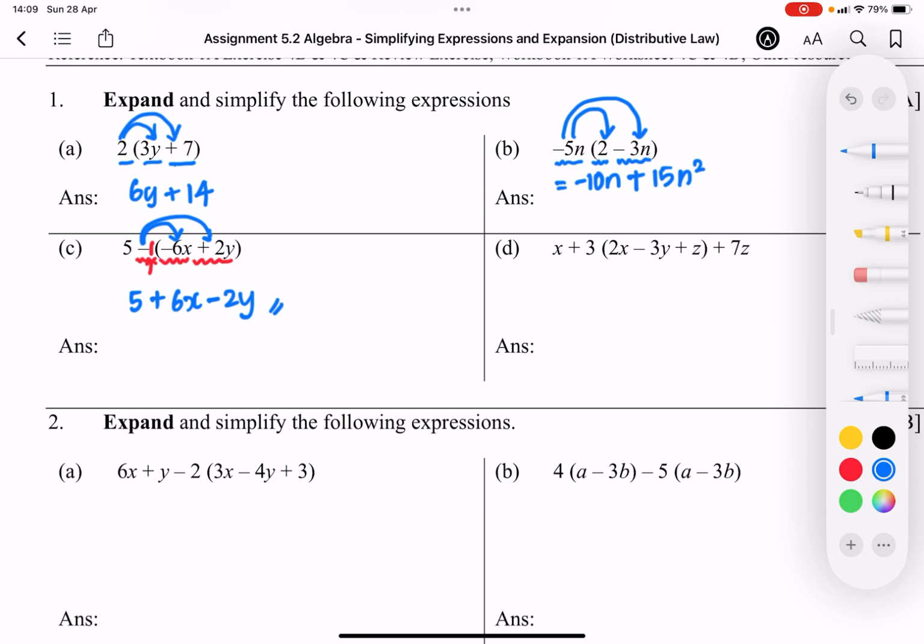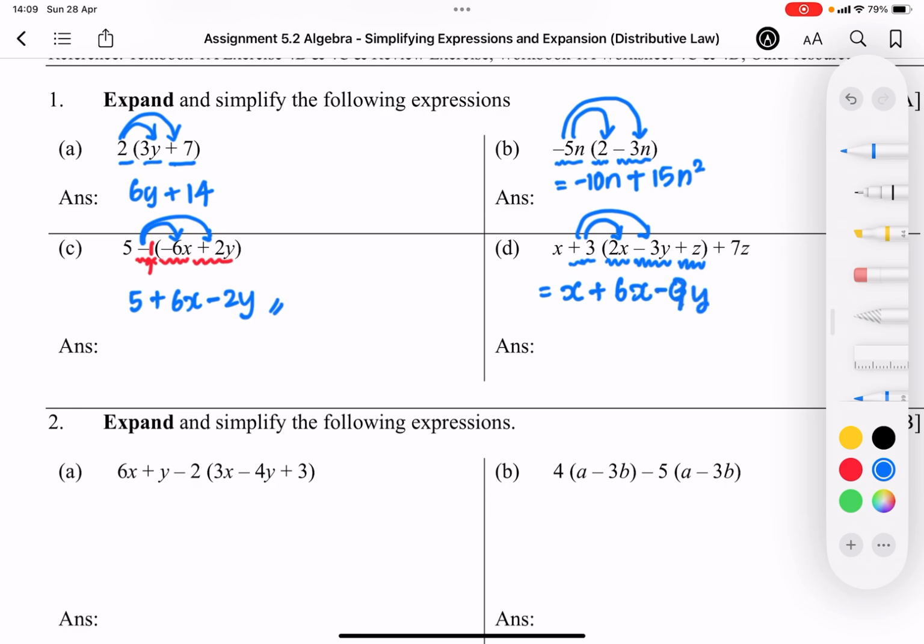Next, we have x plus 3 times 2x minus 3y plus z, and then we have minus 7z. So let's do what is in the bracket first. The rest we just copy. So x here, positive 3 times positive 2x will give positive 6x. Positive 3 times negative 3y will give negative 9y.